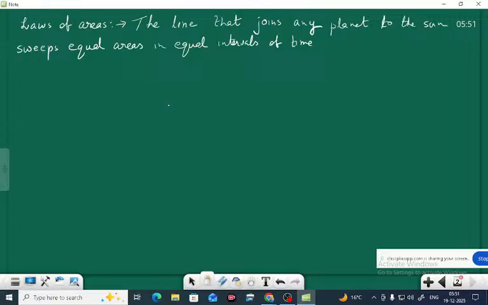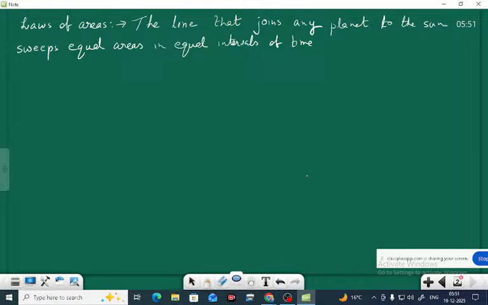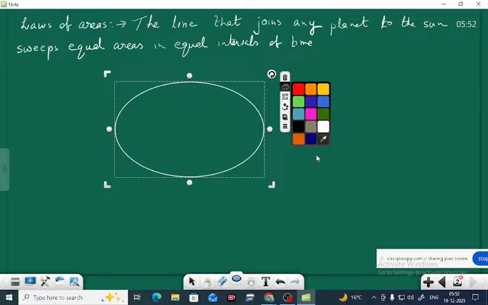Now here we are finding an elliptical path, and you see we are making an ellipse here. We change the color to white.